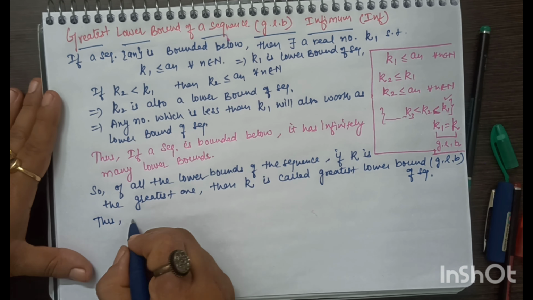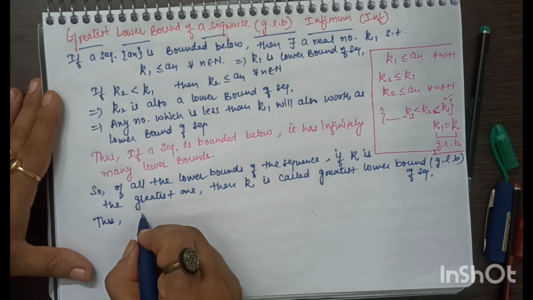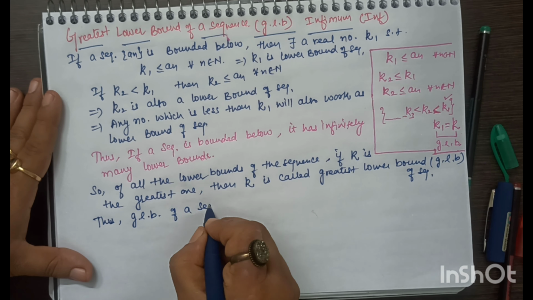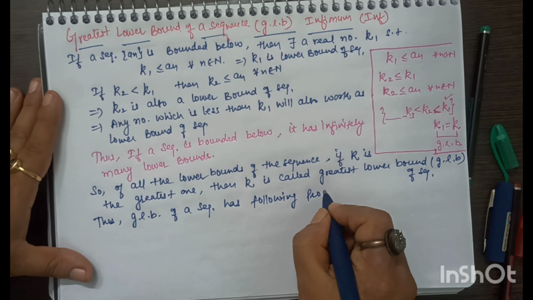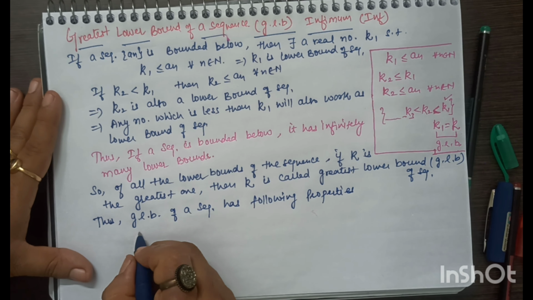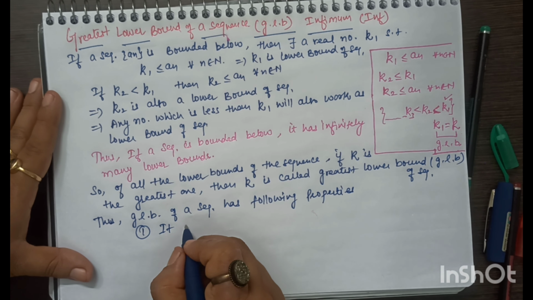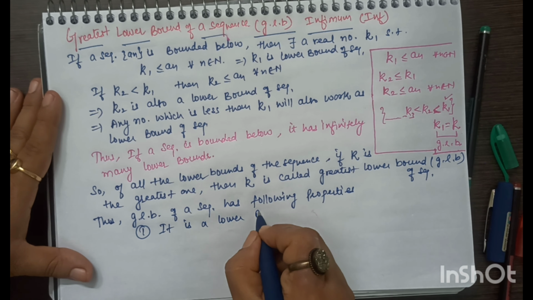So the GLB must follow the following properties. Mathematically, you need to remember these two conditions for doing theorems and questions further.